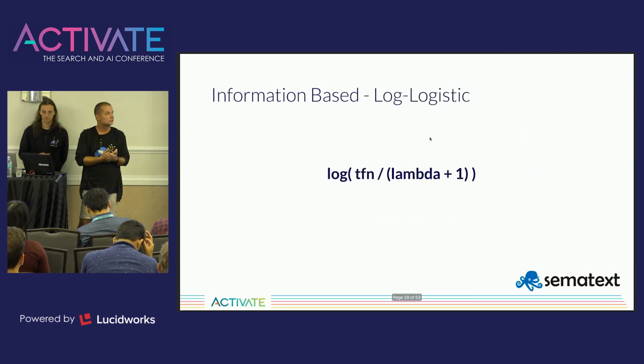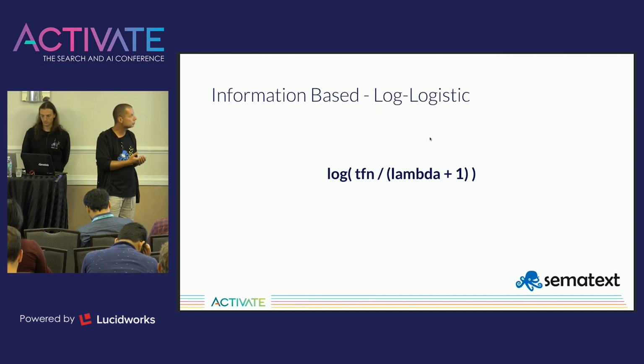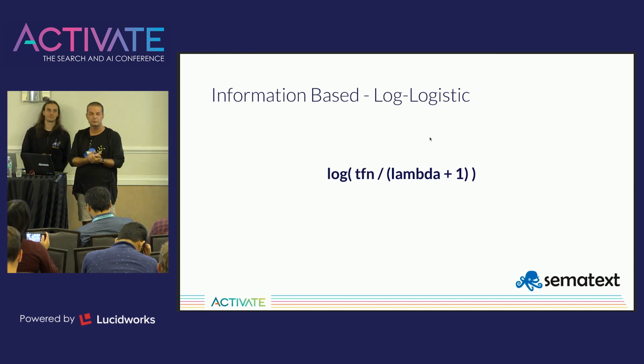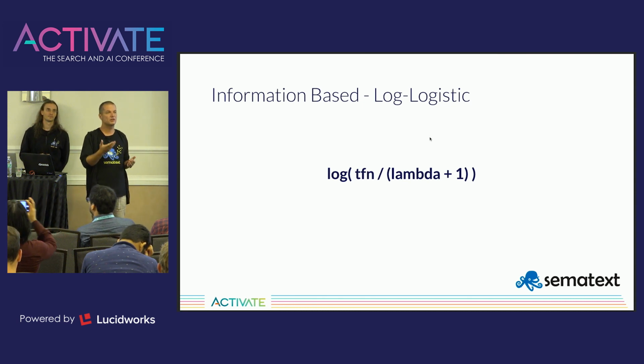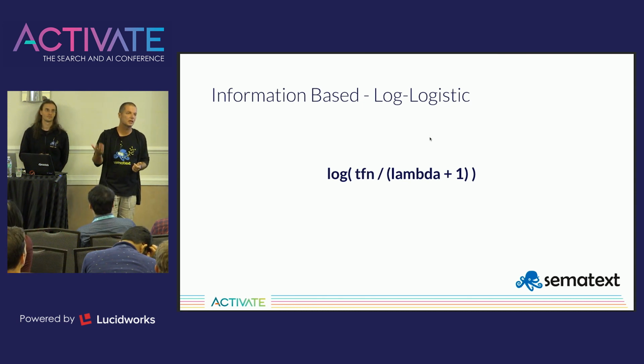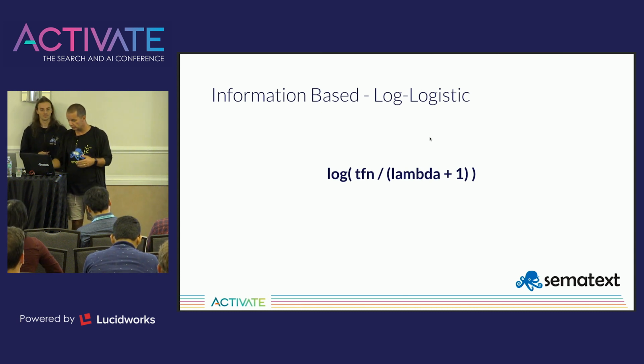Let's look at one of those distributions. For example, the log logistics is very simple. It just takes a logarithmic function of normalized term frequency and divides it by a lambda. And the lambda is that retrieval function that we talked about, right?